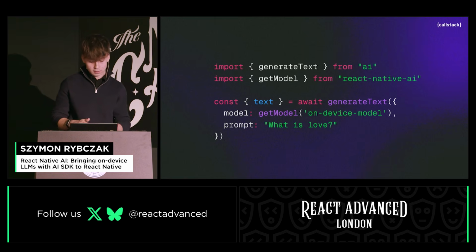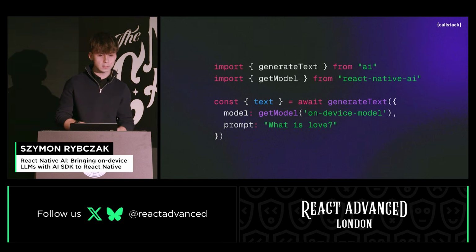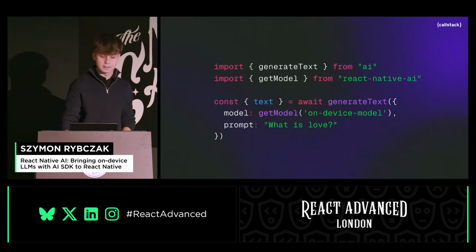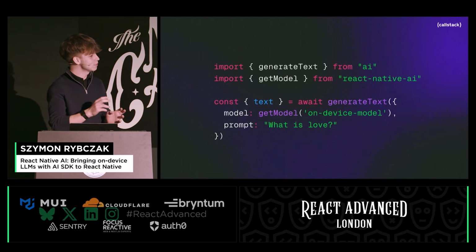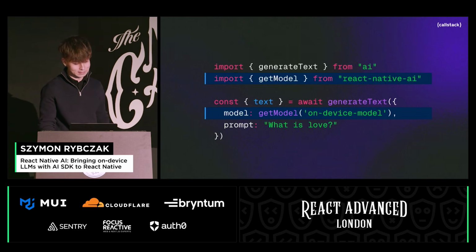Then you call it, you pass the model, and you pass the prompt, probably some message history, and some other configuration props. And I thought that it would be really cool to have you just need to replace 2 lines from your implementations on web to use the React Native AI implementation.